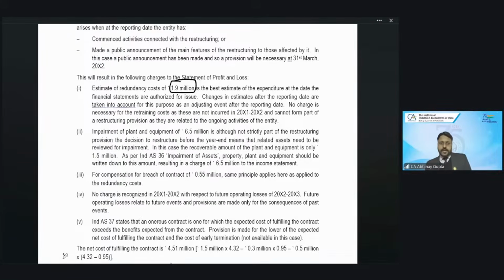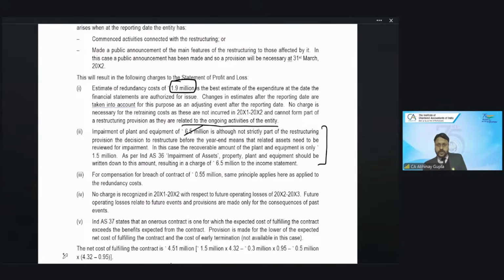Similarly, for the impairment of the plant and machinery, again 6.5 million is, although not strictly part of the restructuring provision, by virtue of Ind AS 36 Impairment of Assets, it also needs to be recorded. Because the division is getting closed down and the PP&E recoverable amount given in the question is less than the carrying amount, the impairment loss also needs to be recorded under Ind AS 36, correct?